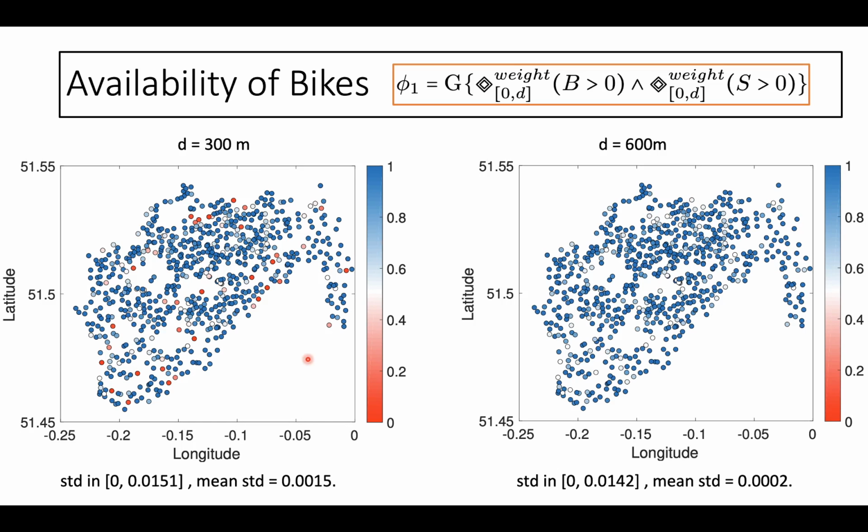That means that from each location, by going just 300 meters, in almost all locations you have a probability greater than 0.5 to find a bike. And with 600 meters, all locations have at least 0.5 probability of satisfying the property.